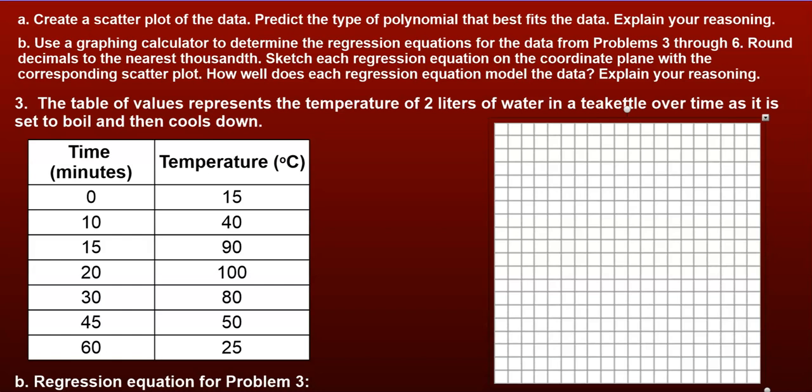Number 3. The table of values represents the temperature of 2 liters of water in a tea kettle over time as it is set to boil and then cools down. Alright, so we're going to go ahead and plot these points.